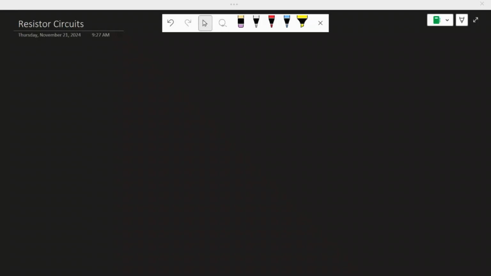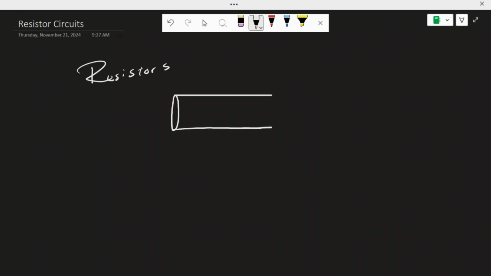All right, so resistor circuits are based on these things called resistors. Resistors are usually made out of some kind of material that allows current to flow through, but not quite all of it. Current, we'll talk about in a moment, but basically it will just let some charges through on a kind of not perfect basis.